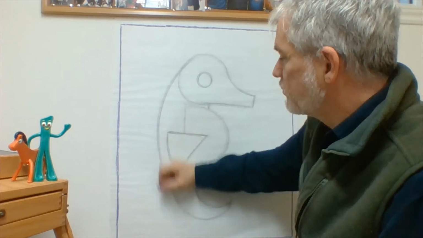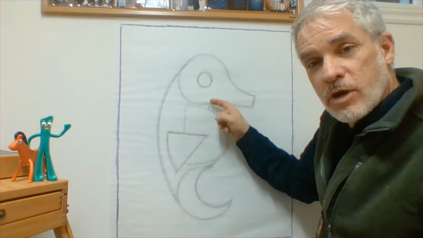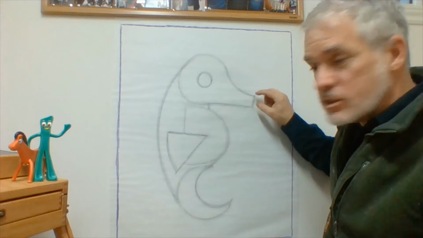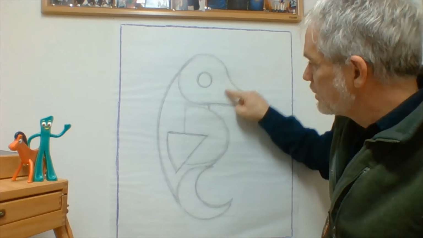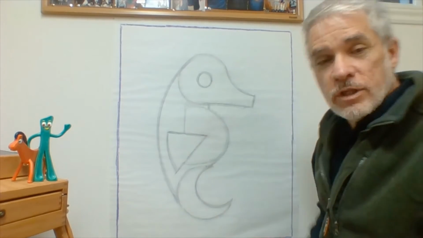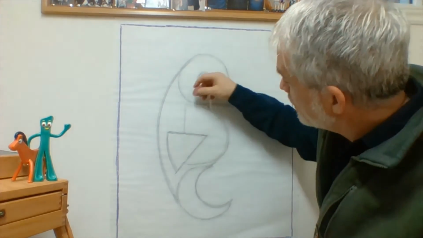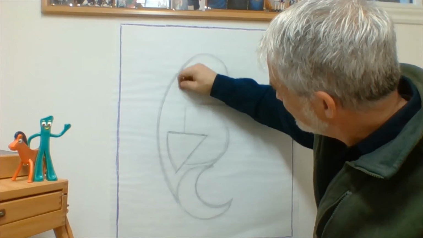So take a minute. If you have an eraser, erase this part right here. This is his long, skinny nose. So that line that shows where the letter O ended, we don't really need it because we want his whole head to look like this. In fact, we can erase this line if we want to.